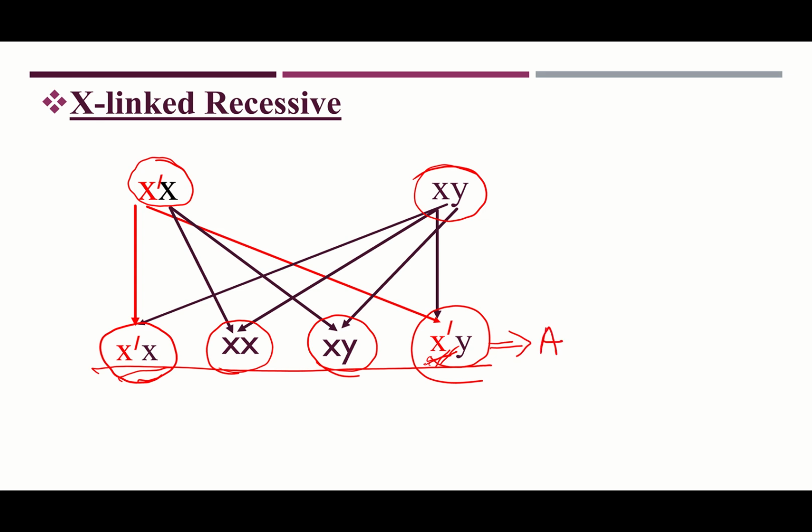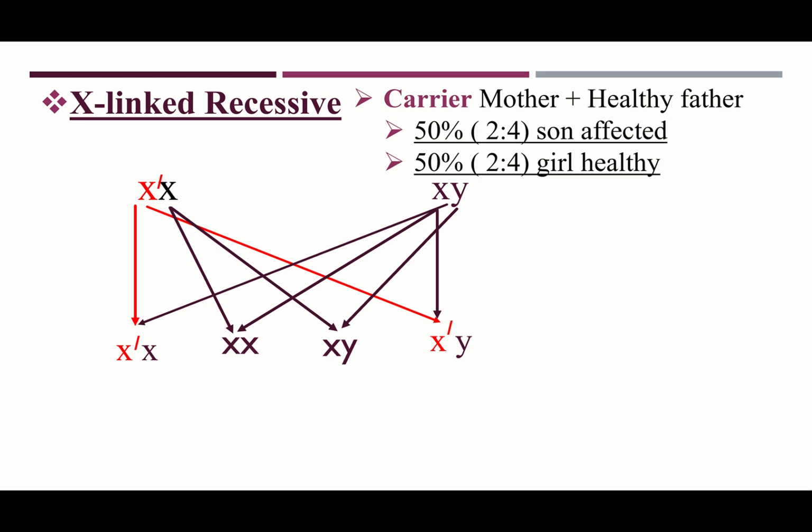Okay, so if a stem like this is given about an X-linked recessive disorder where the mother is the carrier, which the mother will always be in recessive condition, and the father is healthy, and the gender is mentioned, like what will happen to the boy or what will happen to the girl, then it will look like this.